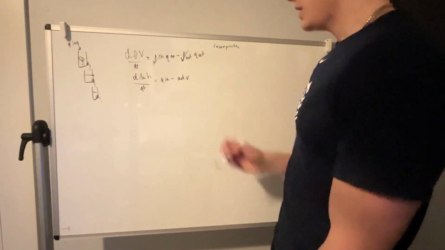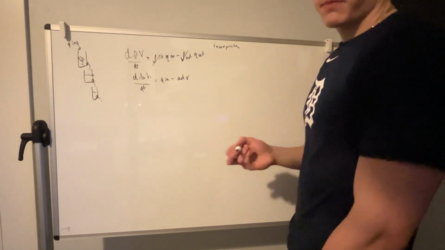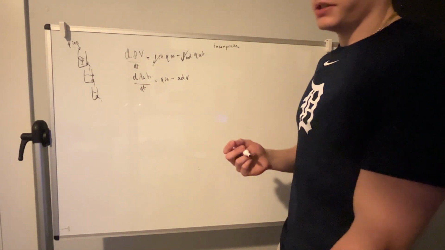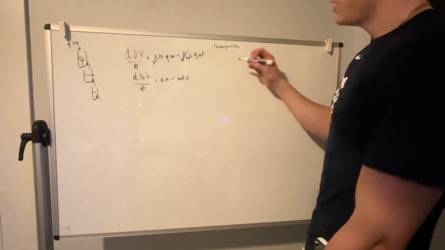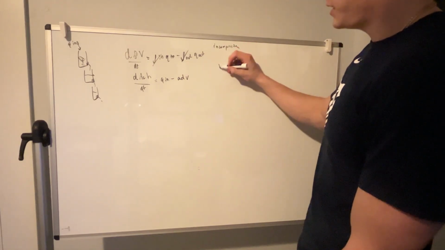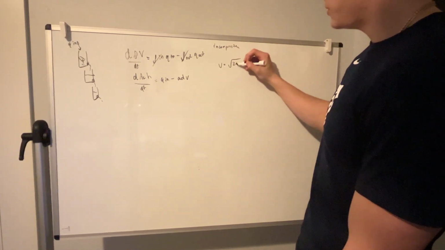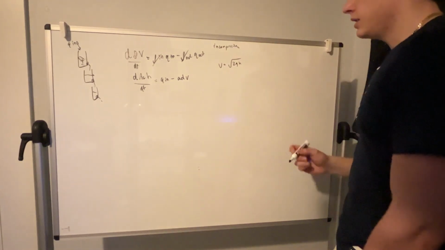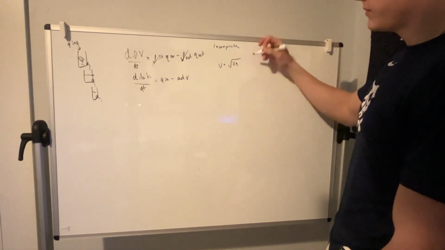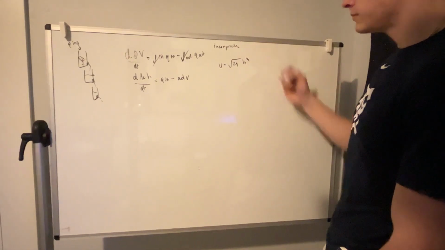To calculate this velocity, we can use Bernoulli's equation and the idea of energy conservation to represent our V as the square root of 2gh. It'll make it easier if we have our H on the outside later on.